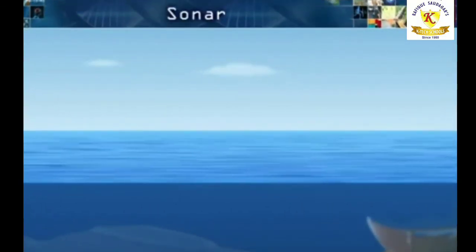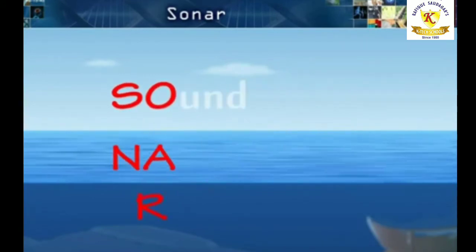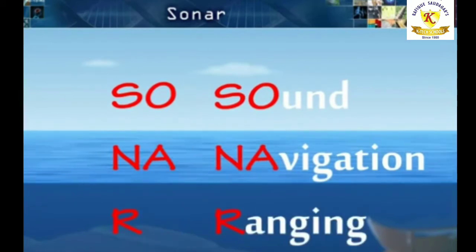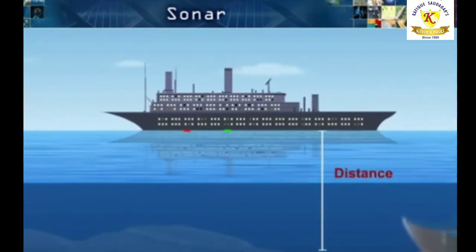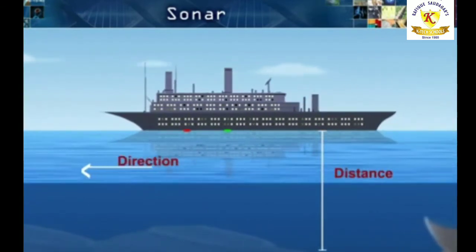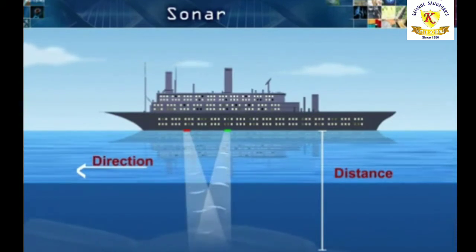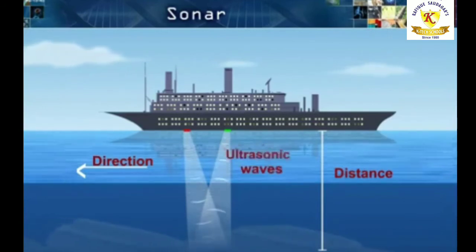How exactly sonar works. Now, as I said, sonar is an acronym for sound, navigation and ranging. Sonar measures the distance, direction and speed of underwater objects using ultrasonic waves.